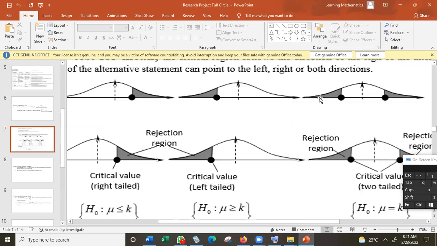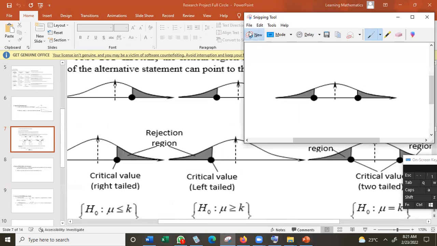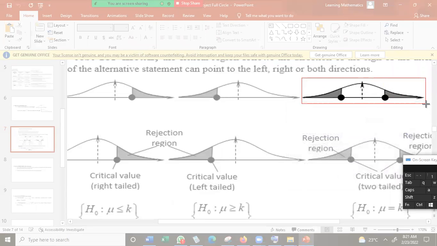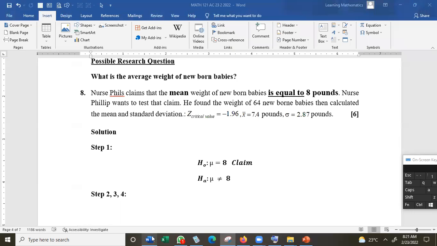Always bear in mind for the z-test for mean, the critical region depends on the symbol for the HA. In that case, the HA is not equal, so therefore it's a two-tail.